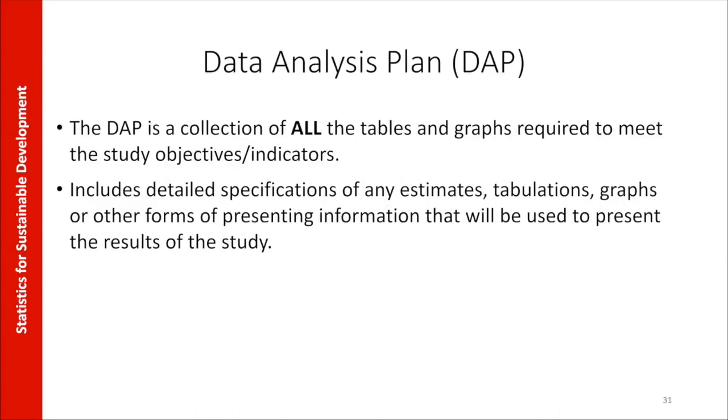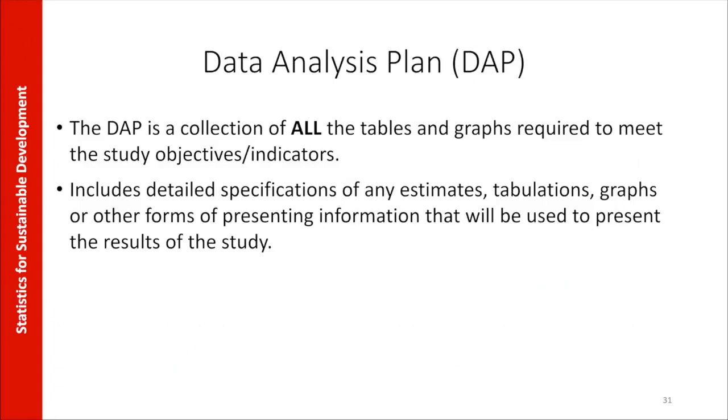So with all these indicators defined, it's easier to understand why this data analysis plan or draft report can be written down. And for each of these indicators, we will provide the table or the graph that is needed.